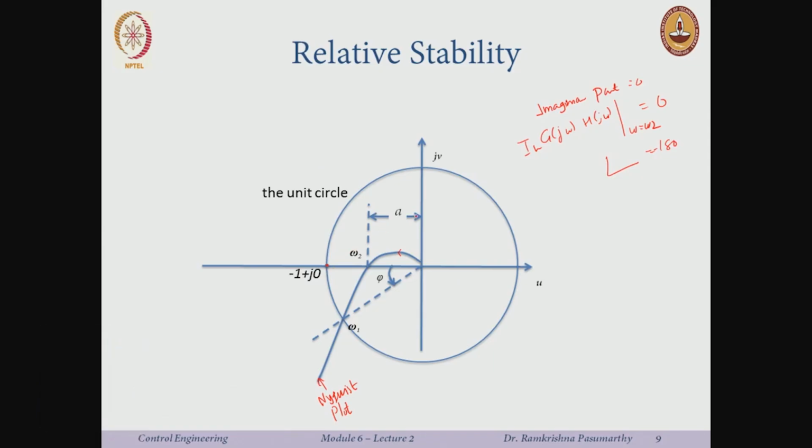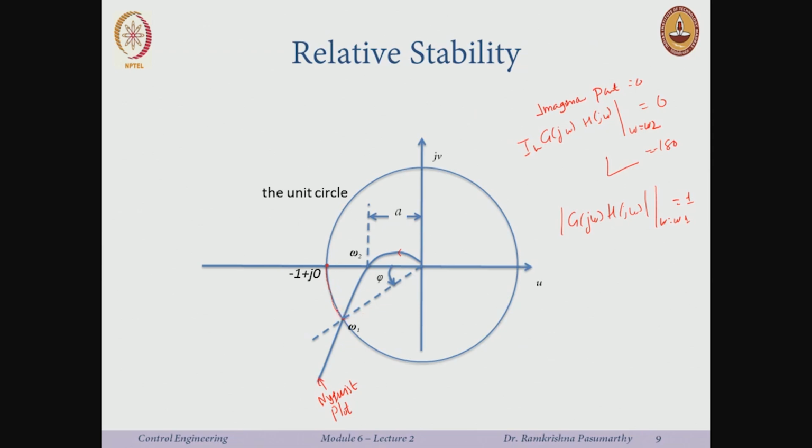So, there is something which this A can tell us, the distance or how far this is from this point. Not only that, now look at this circle and say, well, it intersects this locus here, right, at frequency omega 1, the magnitude of G(j omega) H(j omega) at omega is omega 1 is 1. Okay. Now, keeping this constant, and if I keep on moving along this line, which means I am adding some kind of angle to the system, right, I am just moving from here till here.